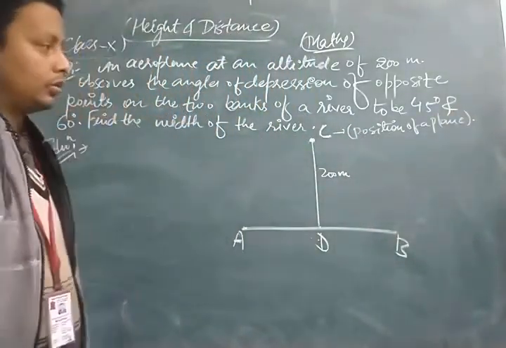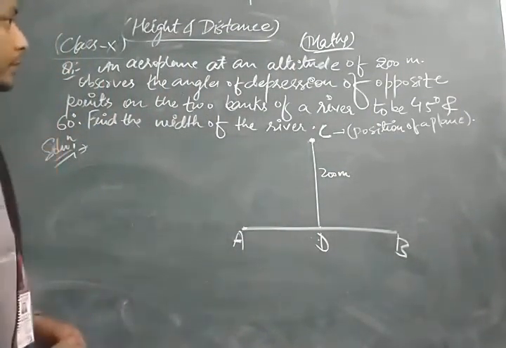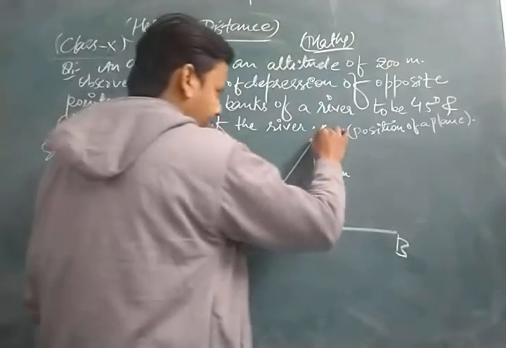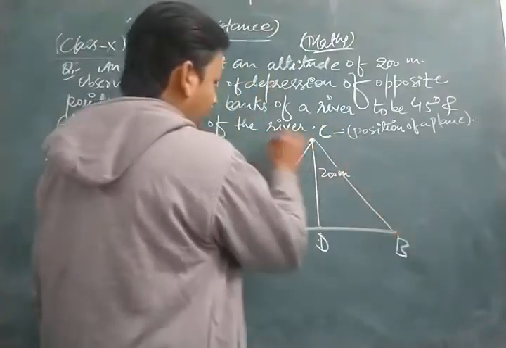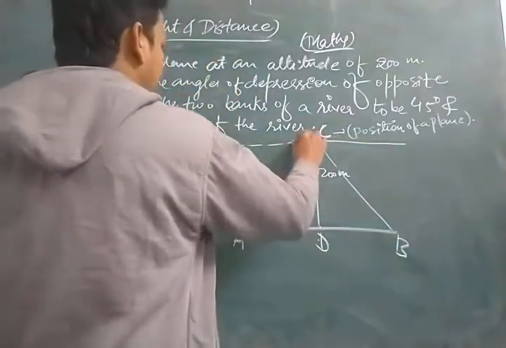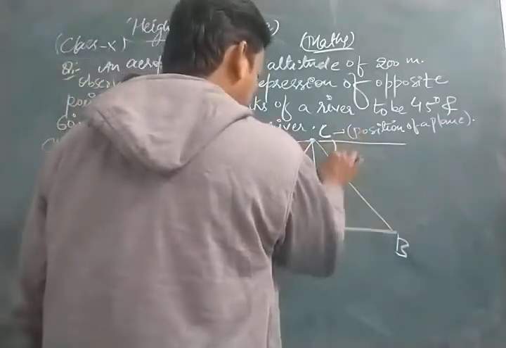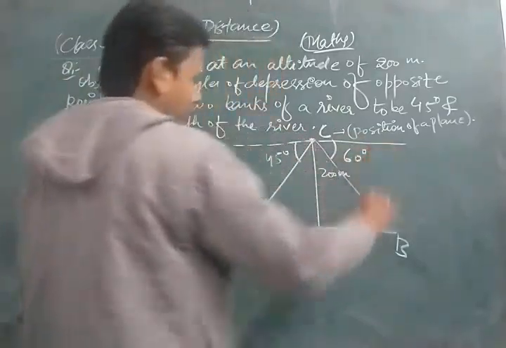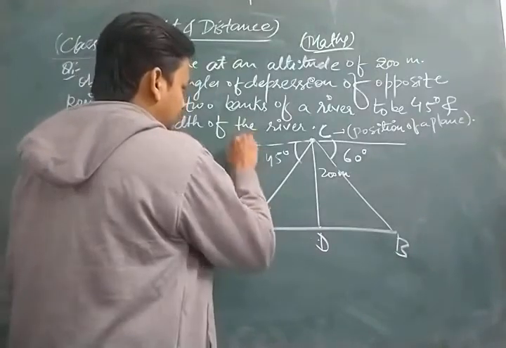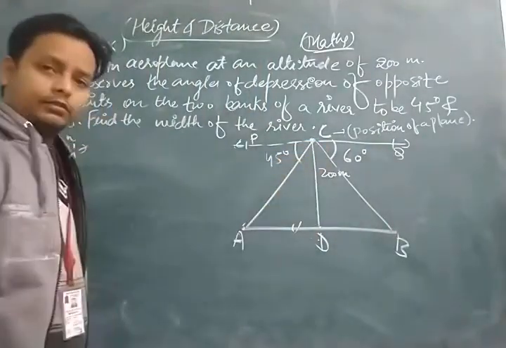Okay, dear students. Now look. Observe the angle of depression of the two opposite points on the two banks. If we join them, the angle of depression of the two points is 45 degrees and 60 degrees. Suppose we draw PQ parallel to AB and let AC be a transversal.